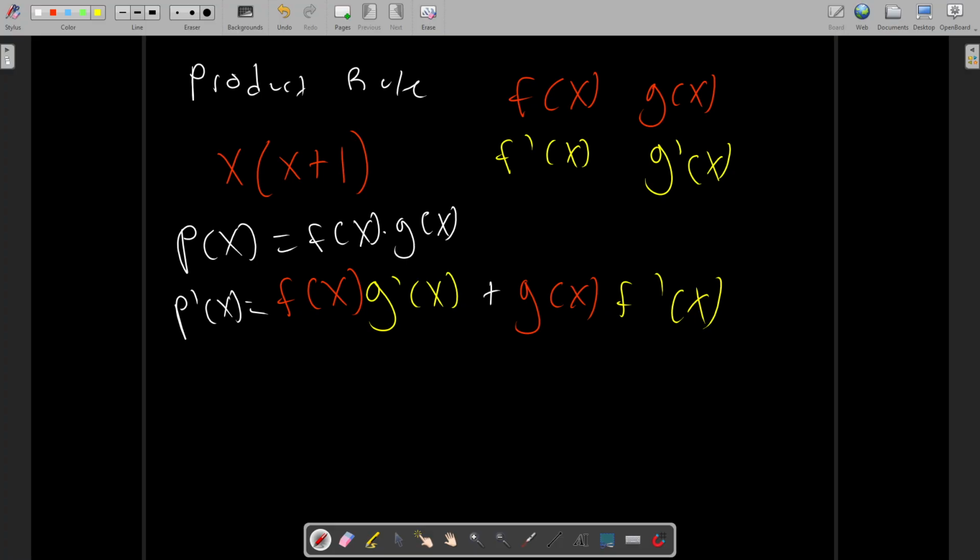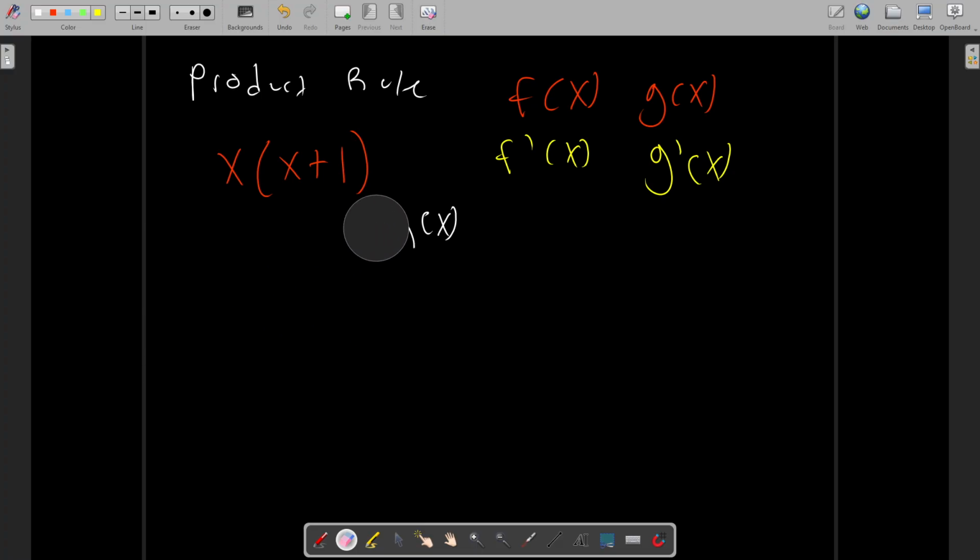So there's opposites, right? And in each one there's going to be one derivative and one normal function, and the derivative is not going to be the same for either one. So knowing that, let's find the derivative of this here.